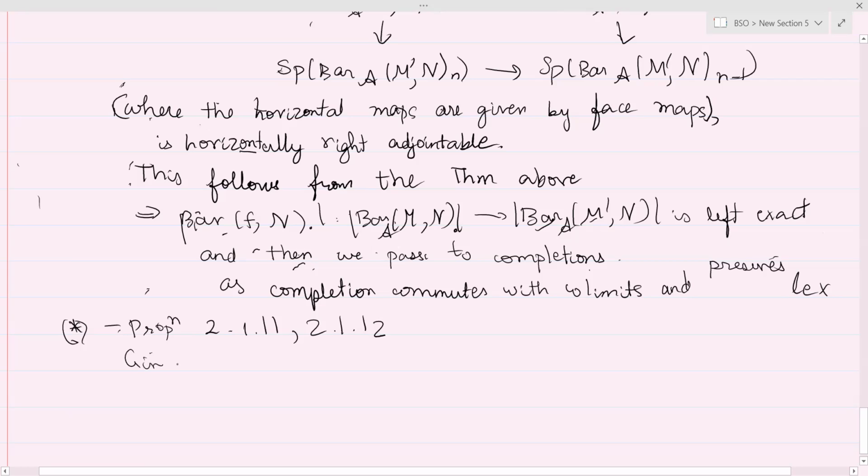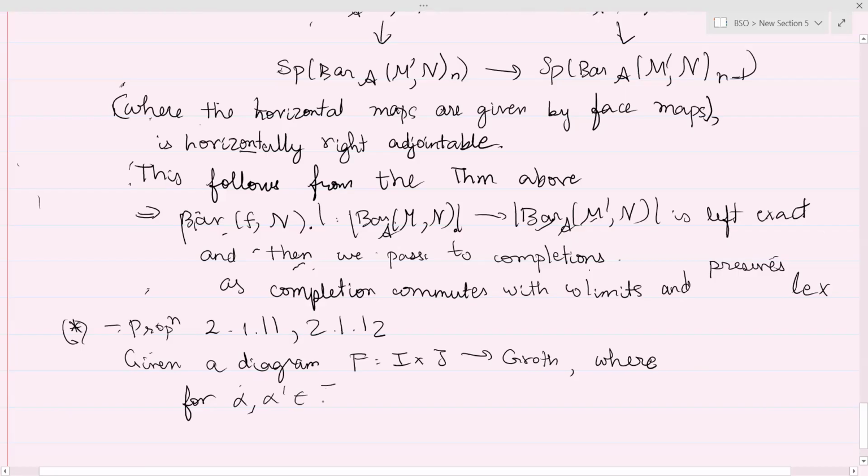Given a diagram in two variables in Groth, where for alpha prime in I and beta prime in J, f of alpha beta to f of alpha beta prime is left exact.